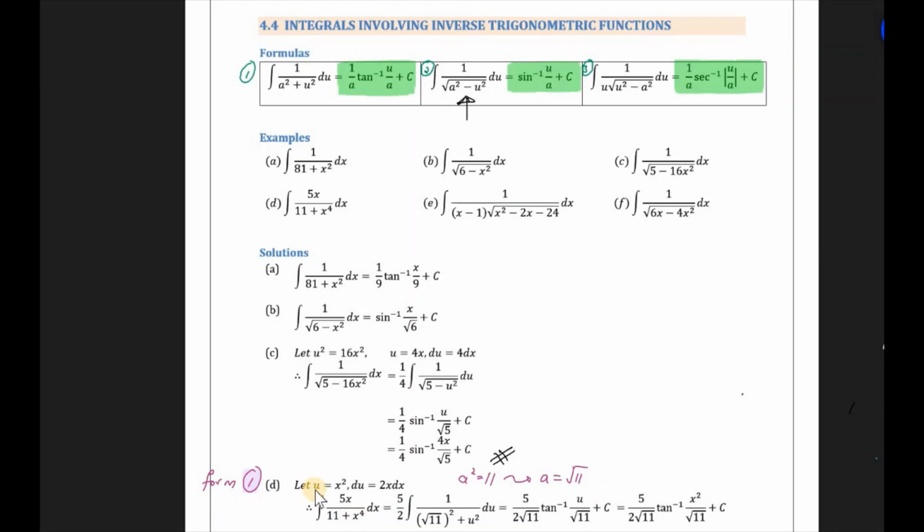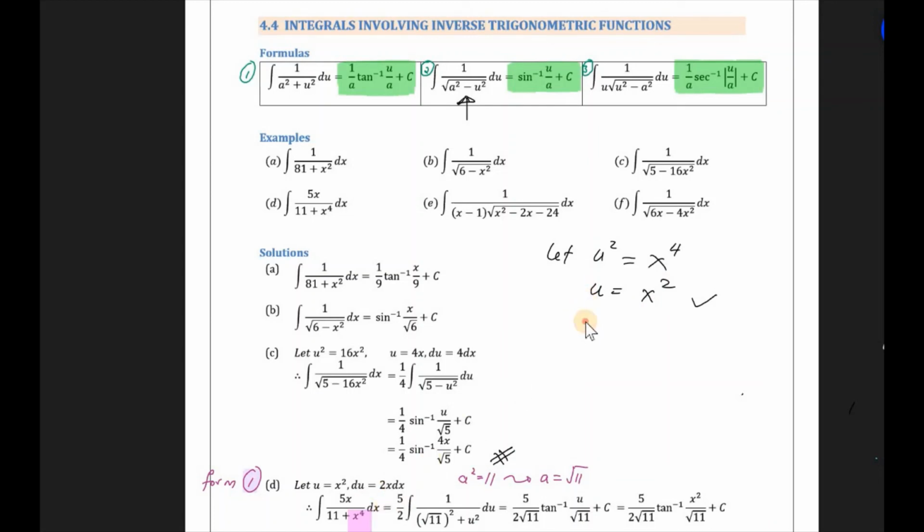So let's say the u squared, in this format, let the u squared being at power 4, meaning the u is x squared.